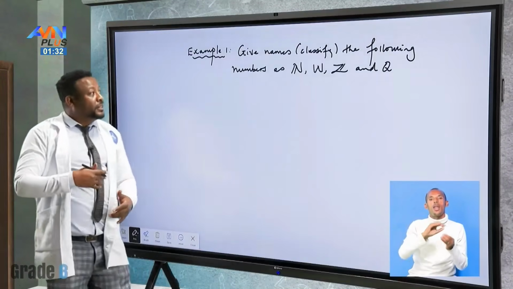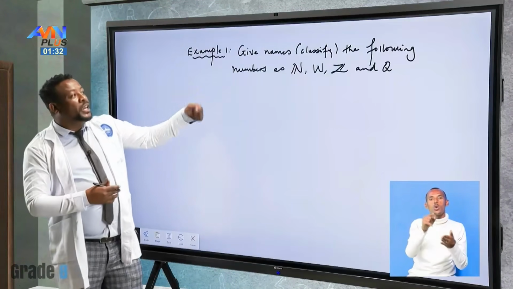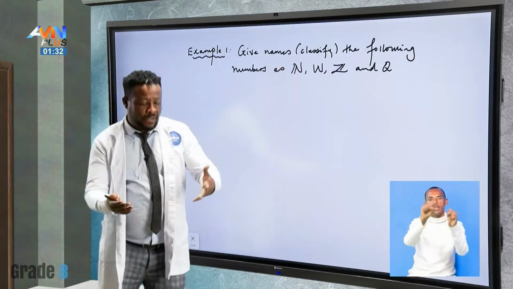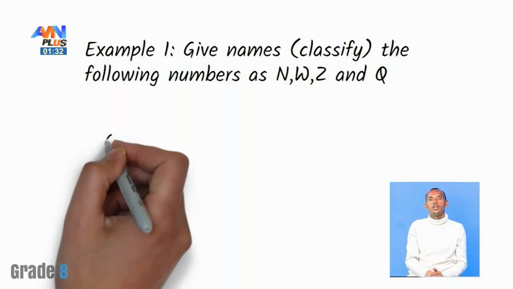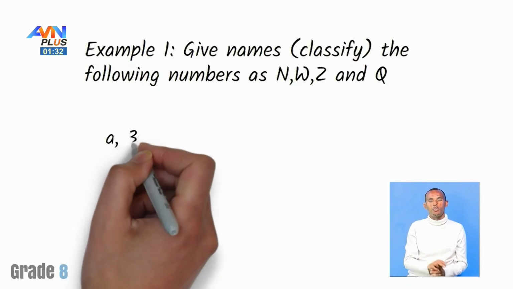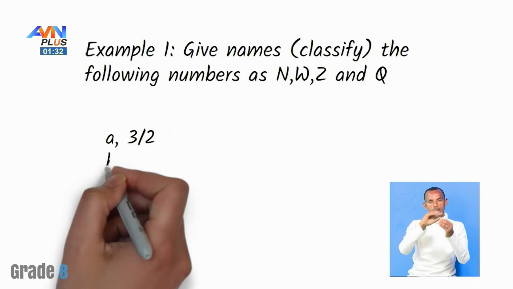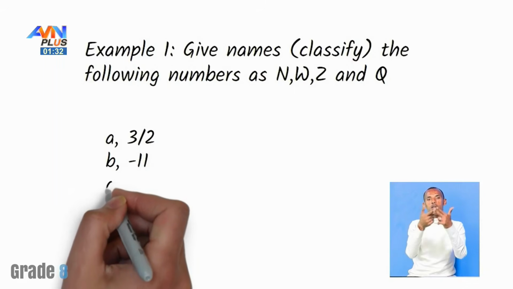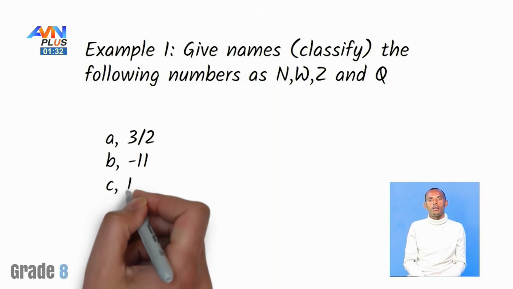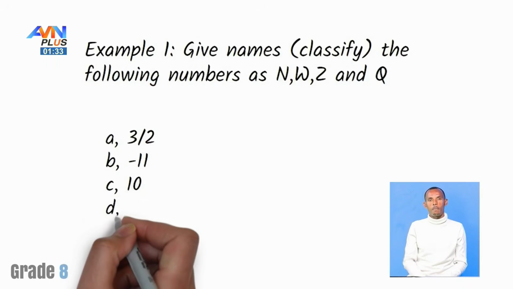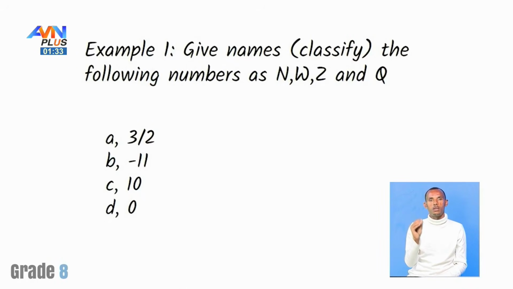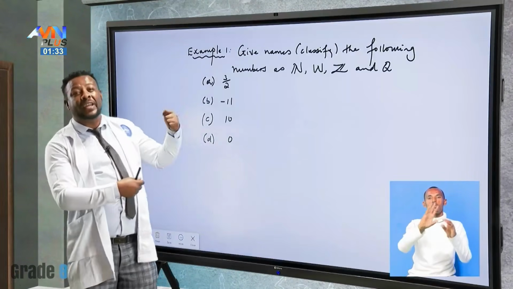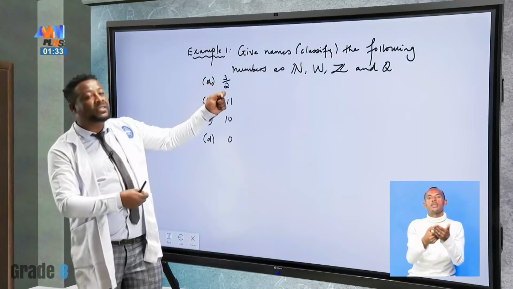For the numbers that I'm going to write here, you will give a name and classify the given numbers as these 4 sets. For example, take a number 3 over 2, another number minus 11. The third number can be positive 10 and 0.